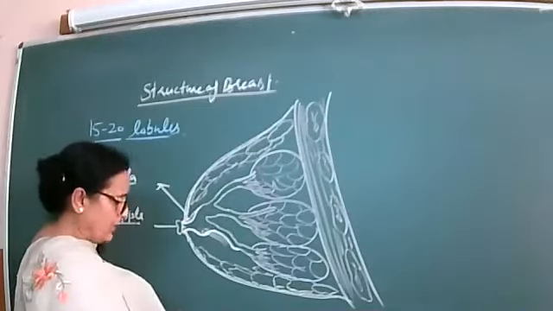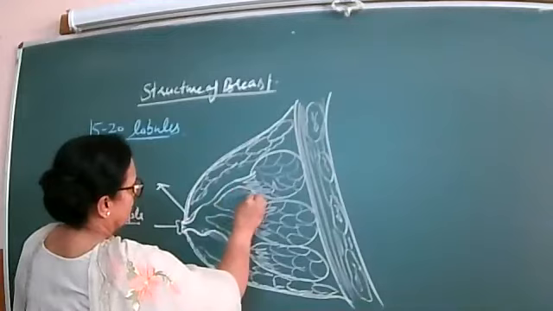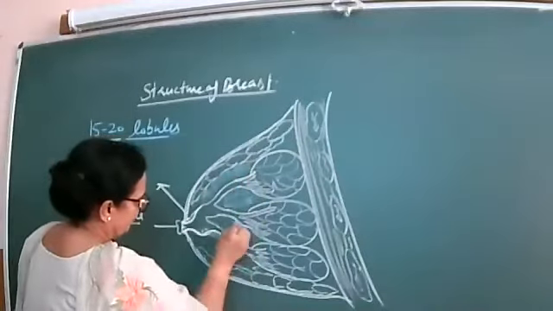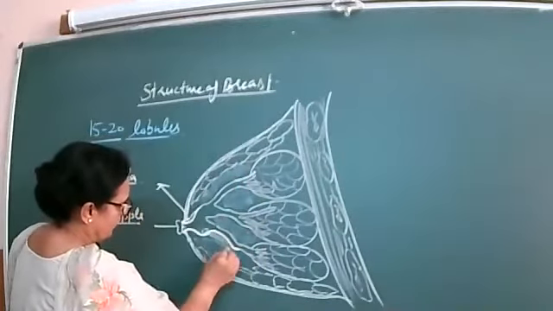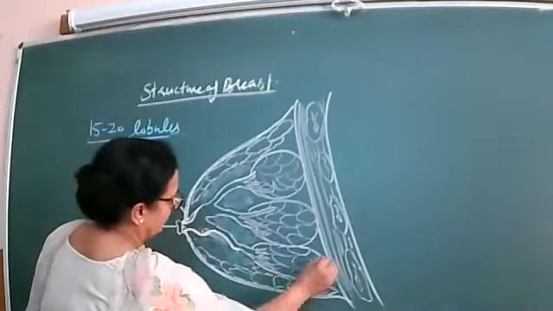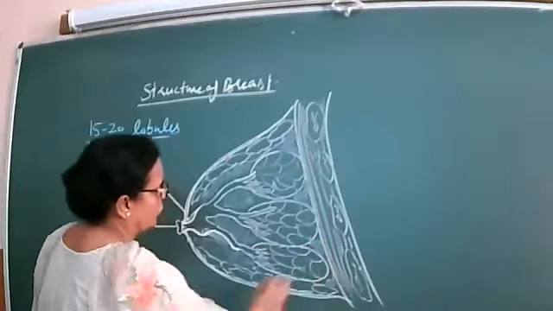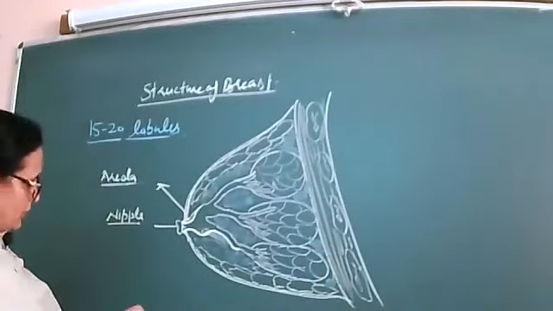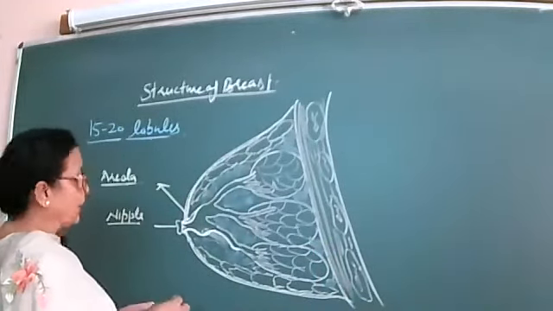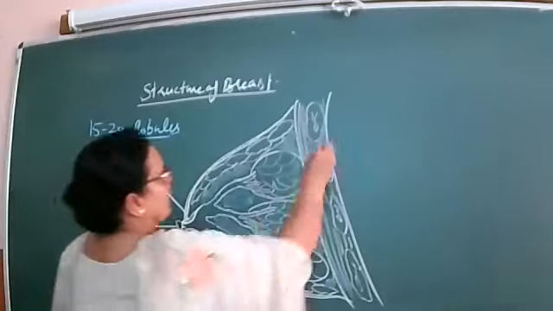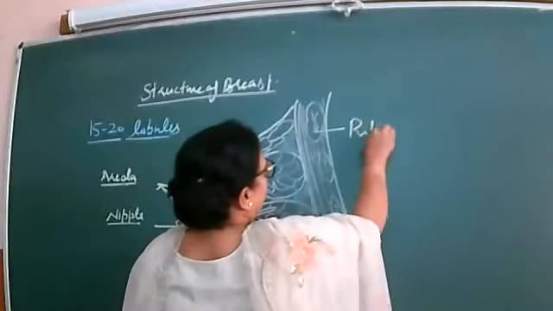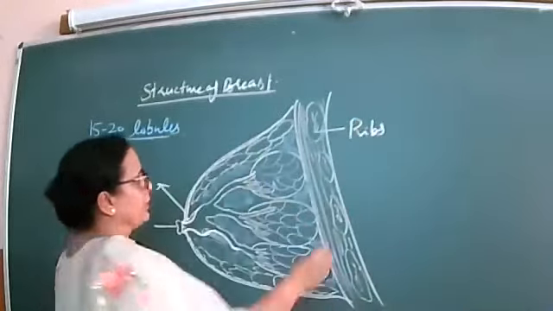Then within that, again there are cutaneous, subcutaneous fat type tissues, okay? There is connective tissue too present over here. So let me label this first. This is ribs, okay?